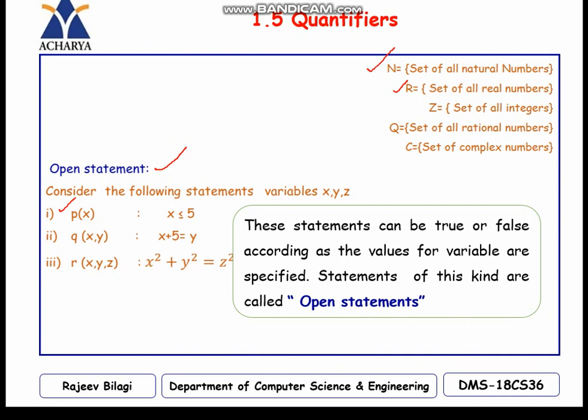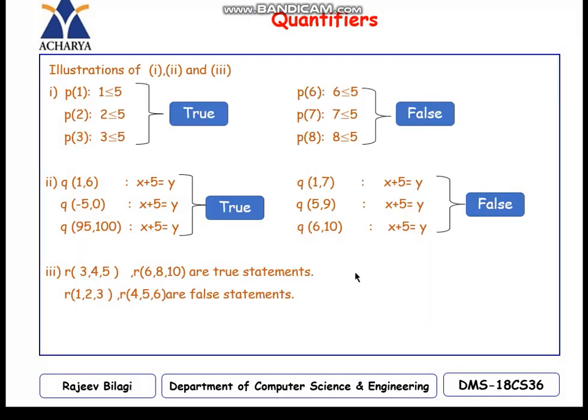Next, if you look at the same example I previously wrote, P of 1 is true, P of 2 is true, P of 3 is true, because 1 is less than or equal to 5, 2 is less than or equal to 5, 3 is less than or equal to 5. So this is the true case.